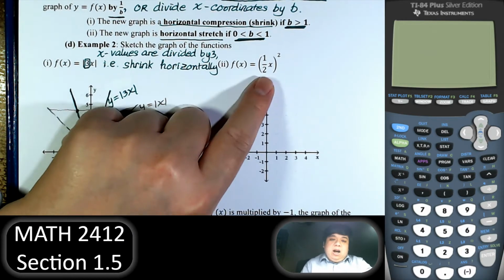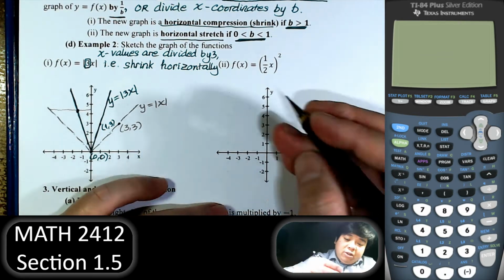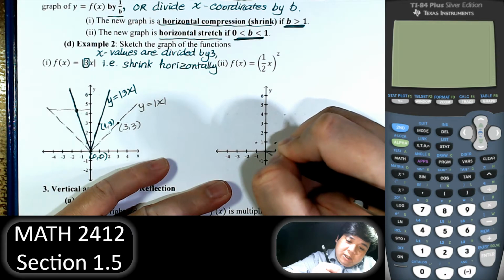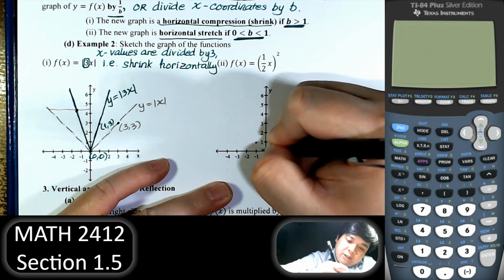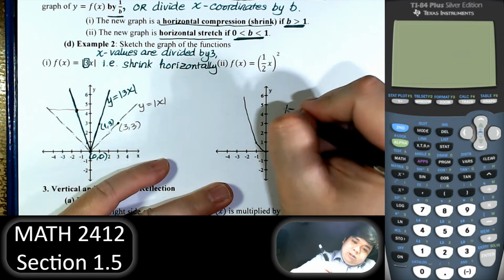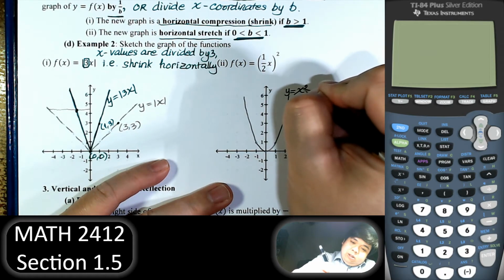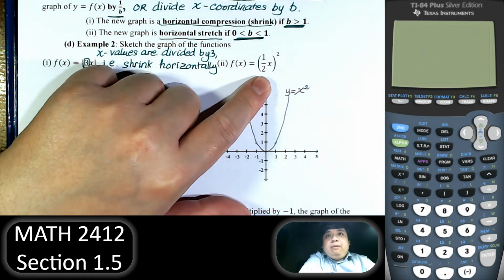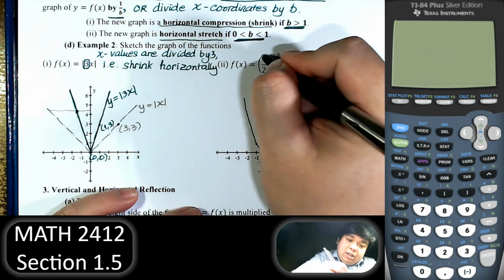Right, next, let's sketch this. Of course, the basic graph is the square, so we're going to graph a square first. Now we have 1/2 multiplied to x.